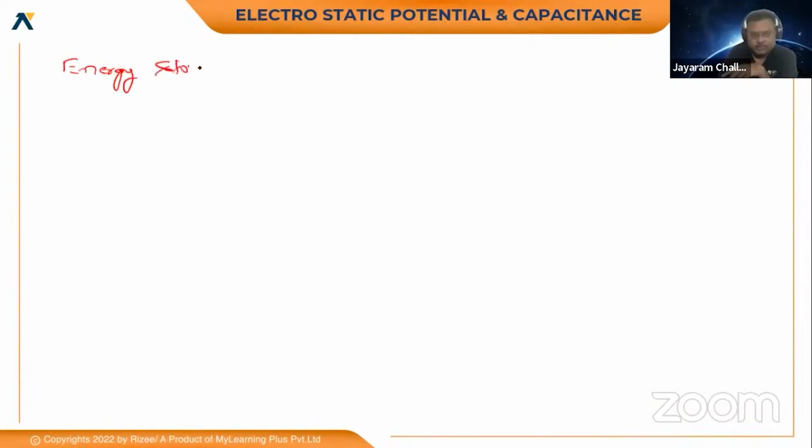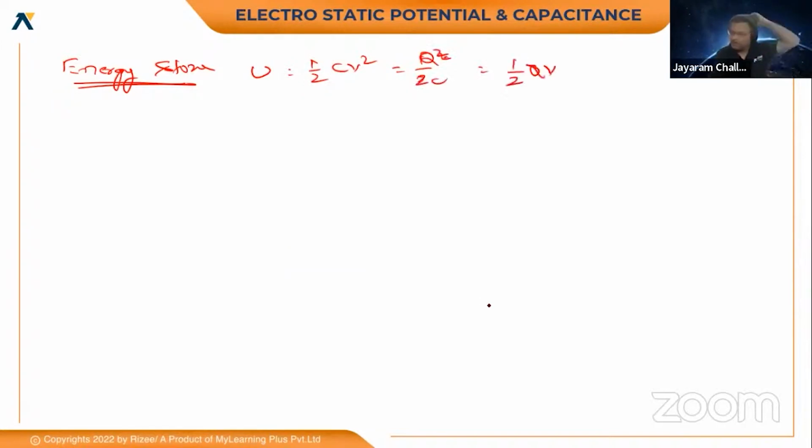Energy stored, or the work done in storing the energy, U is equal to half CV square, which can be written as Q square by 2C, which is also equal to half Q into V. So these are the different formulas for the energy storage, in storing a charge or in any particular case.